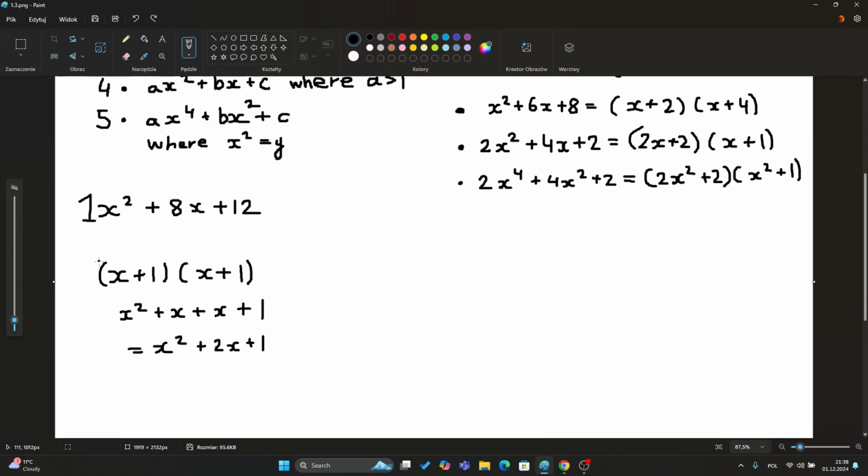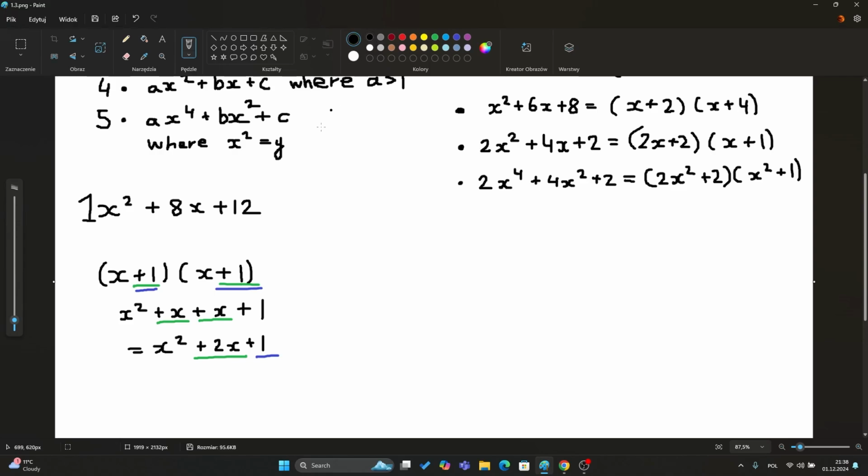So usually when you have factorization, it gives out two brackets for the form ax squared plus bx plus c. Now notice that those two numbers, 1 and 1, when we add them together, they give us 2, and when we multiply them together, they give us 1.